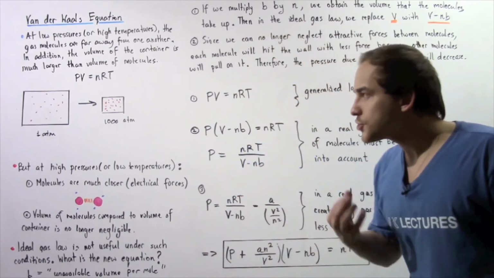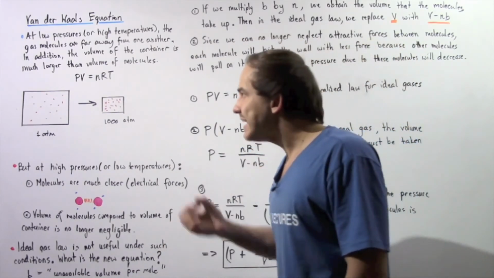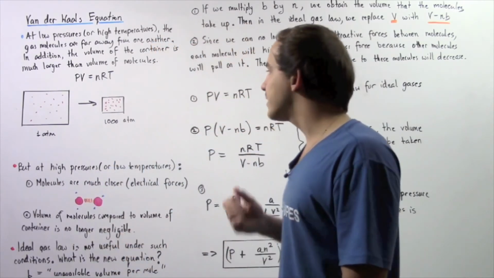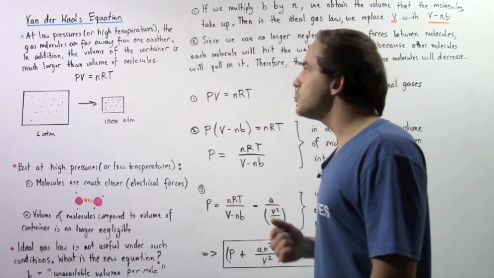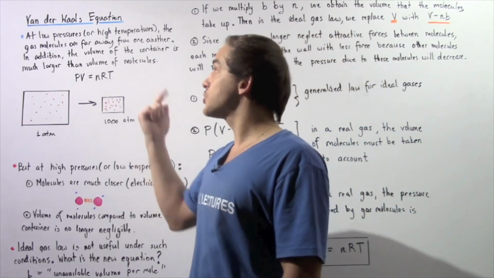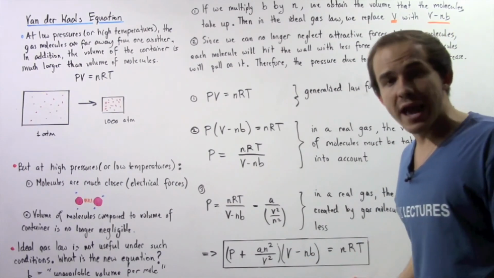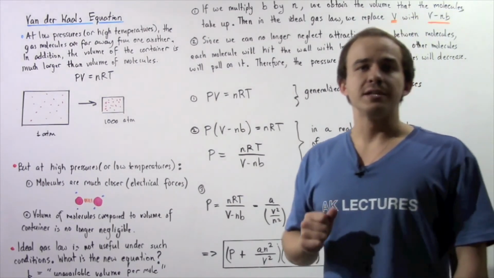So once again, under certain conditions, we can't use the ideal gas law to describe the way that our gases behave. Under conditions of high pressure or low temperature, we have to use the following equation known as the van der Waals equation.